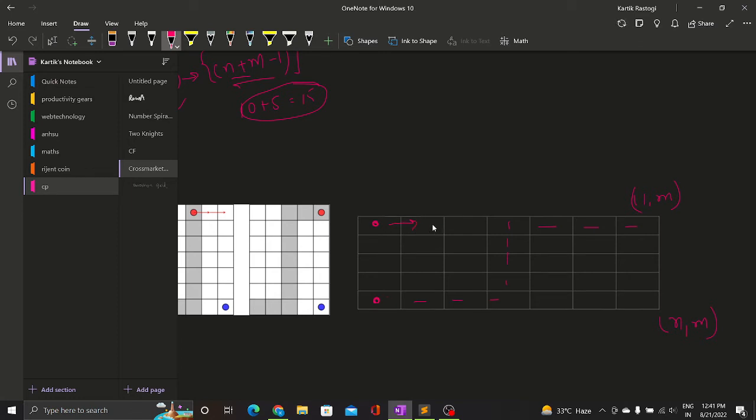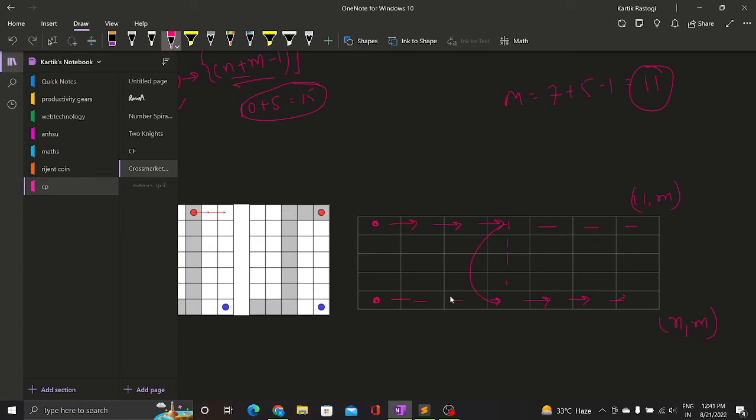Stanley will first movement, second, third energy needed, fourth, fifth, sixth, seventh, and for Megan it is 7 plus 5 minus 1. It is 11, and for it 1 2 3 4 5 6 7 8 9 10.